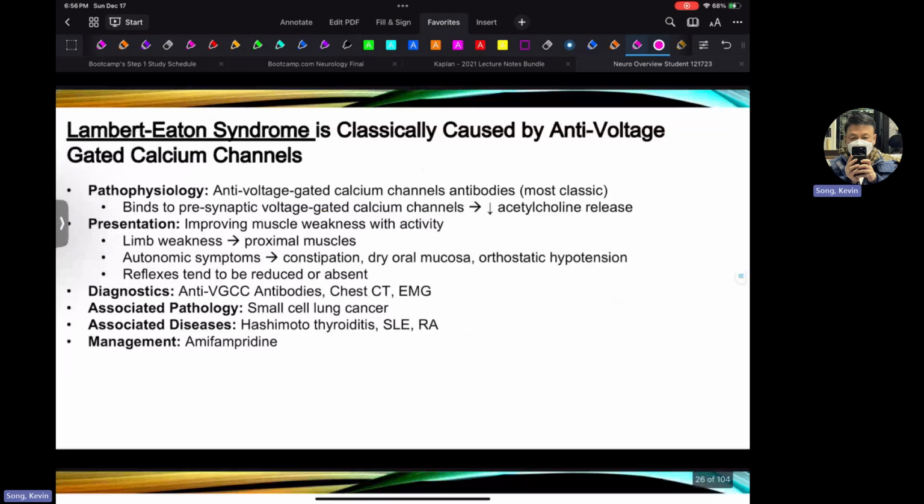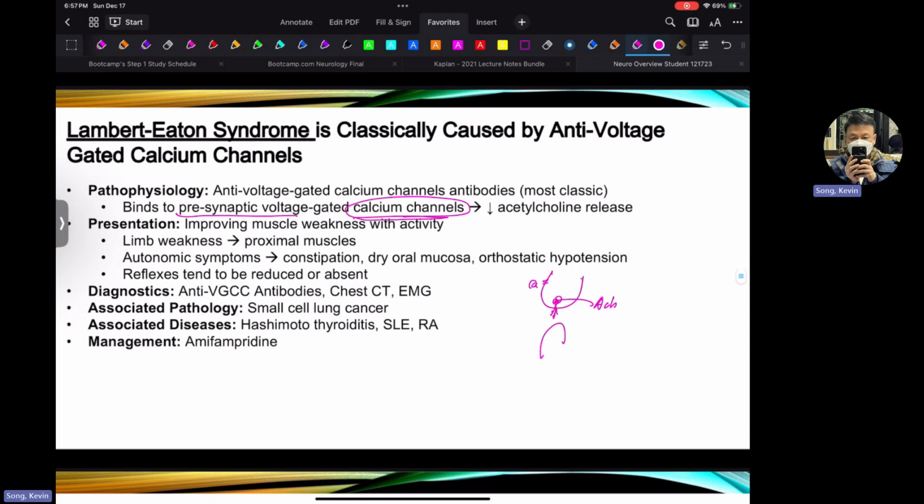Lambert-Eaton is not the postsynaptic acetylcholine receptor problem. It is a presynaptic calcium channel problem. When the calcium channel here is activated, that will make the vesicles release. Inside the vesicle, there's acetylcholine, for instance at the neuromuscular junction.